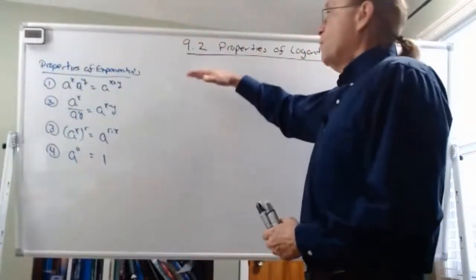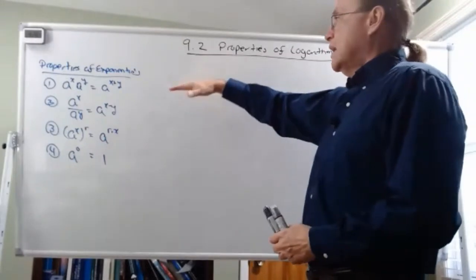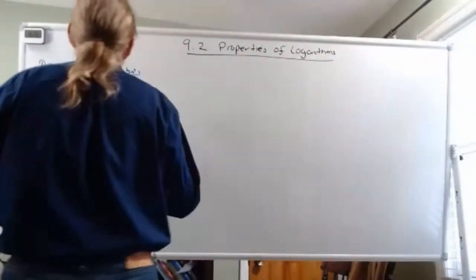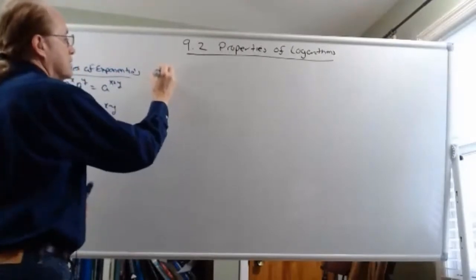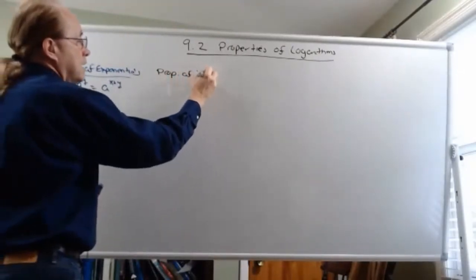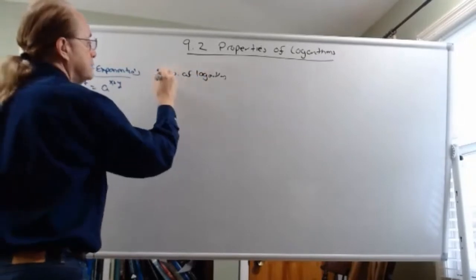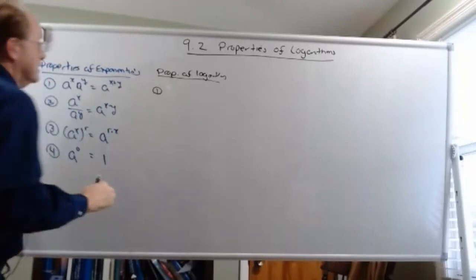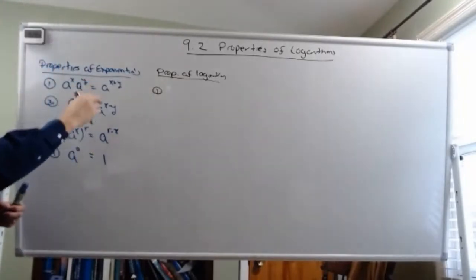And what we saw on Tuesday, I derived a special property that's related to this as a correlation for the properties of the logarithms. The one that correlates with this is that the log of a product is the sum of the logs.